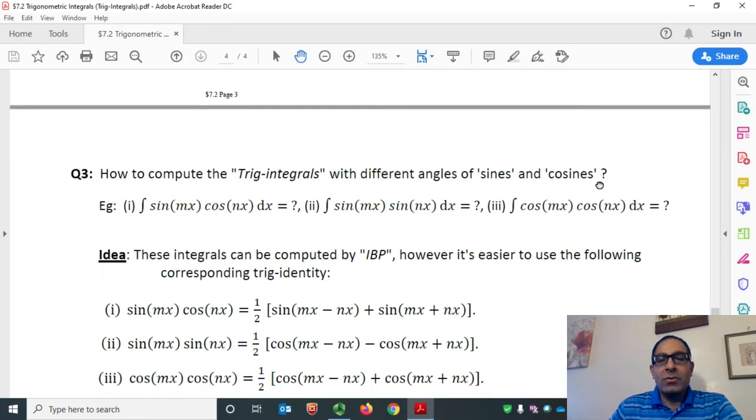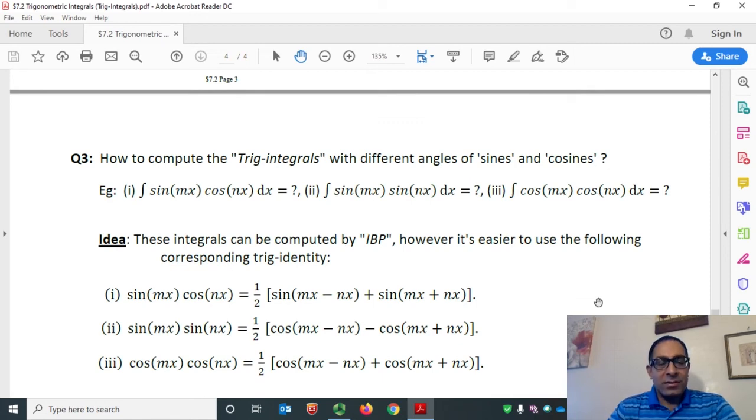Now the third question that we want to answer in this section is how to compute trig integrals with different angles of sines and cosines. That is, how to integrate an integral of type sine mx times cosine nx. M is a constant number, n is a constant number, so m can be 2, m can be pi, or n can be 9, anything.